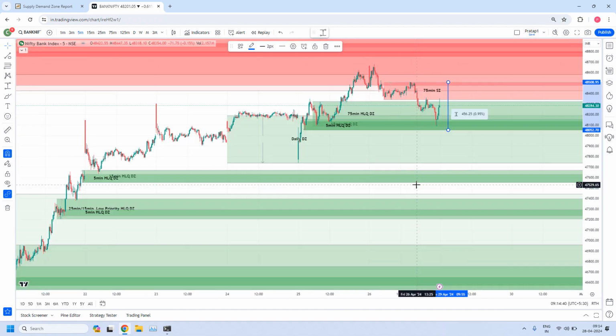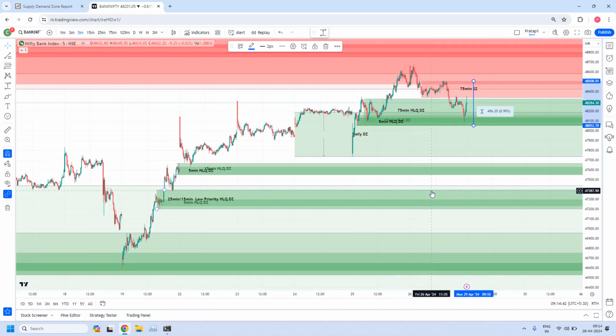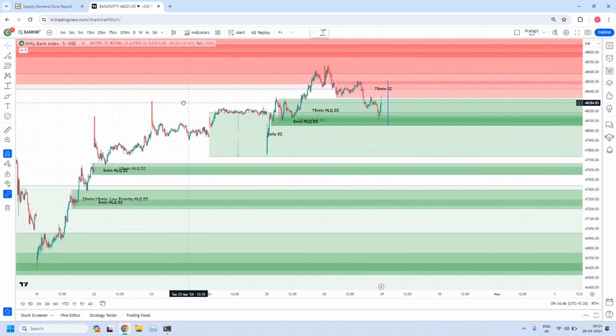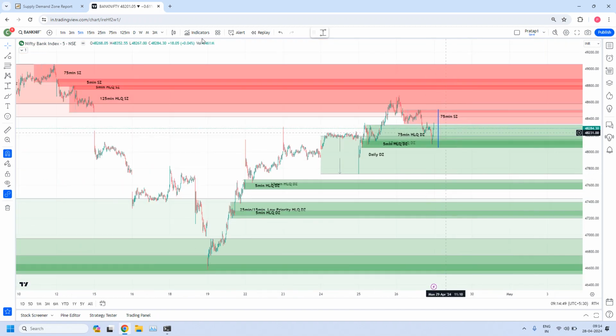If one of these levels is broken, the next will be from this zone. If that is violated, the next will be from here to here.